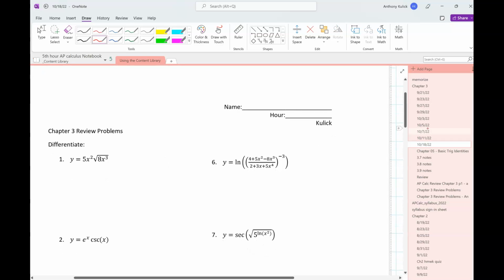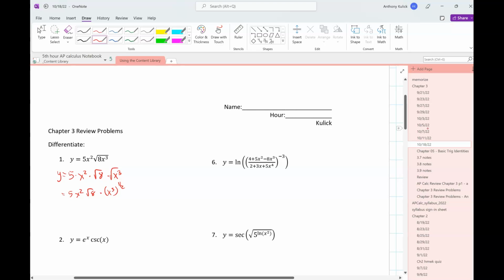So what I did is I thought about it this way. I remember that a radical is the same thing as a fractional exponent.